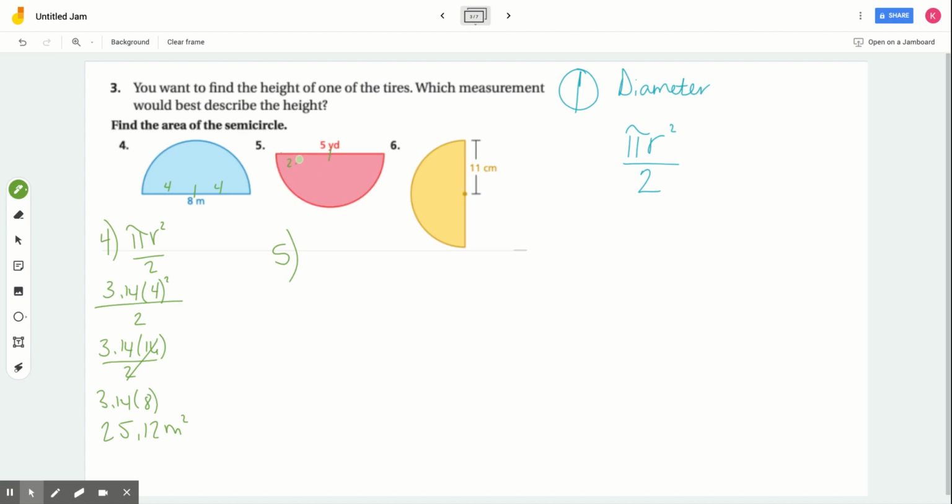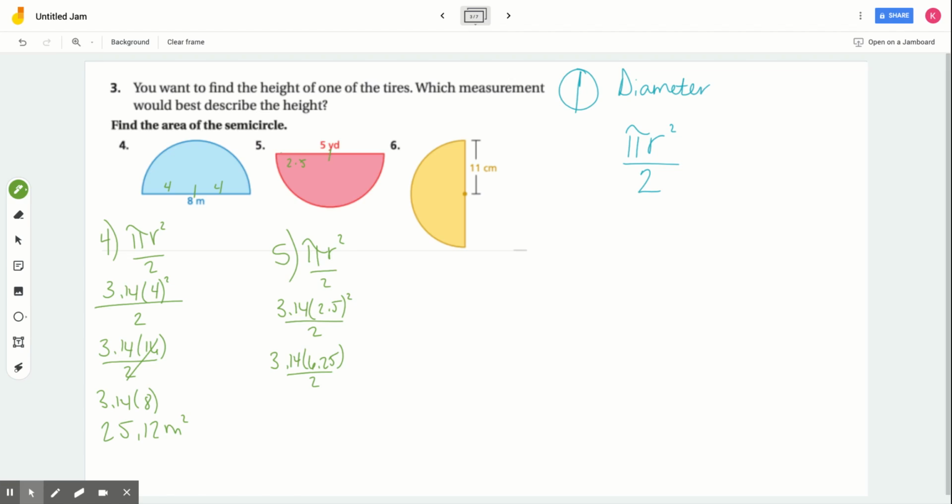Now, taking a look at number 5, they give us the diameter of 5. Half of 5 is 2.5. So again, pi radius squared divided by 2. When we square 2.5, 2.5 times 2.5, we get 6.25. So 3.14 times 6.25 divided by 2.